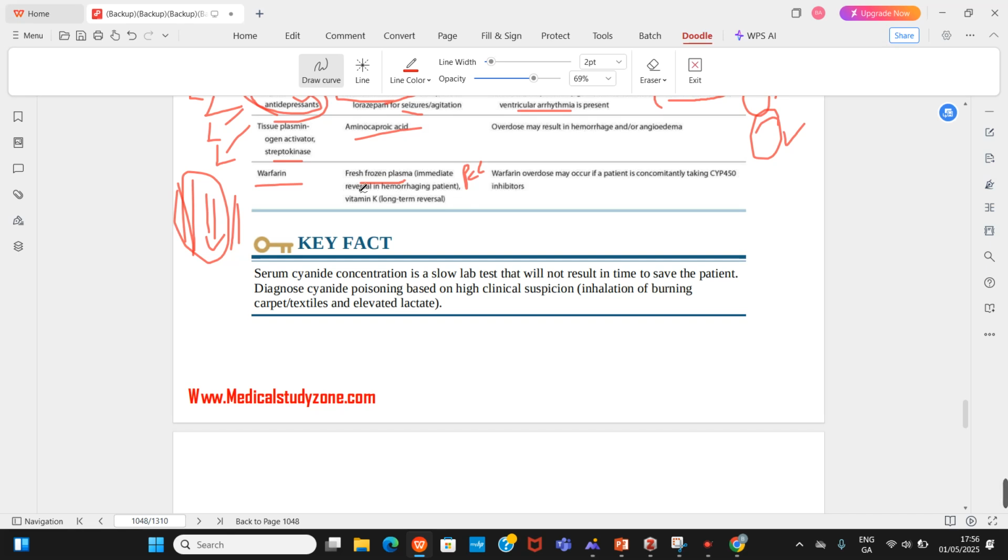But if you don't have PCC, just give them fresh frozen plasma. But if you have prothrombin complex concentrate, PCC, give them that. If you see fresh frozen plasma, give them that. Then for long-term reversal, you can also administer vitamin K.